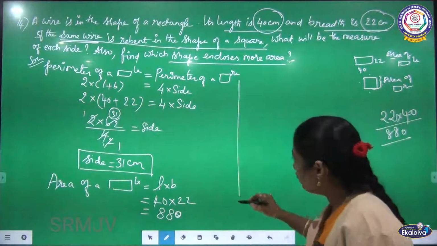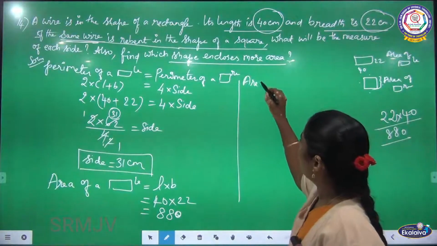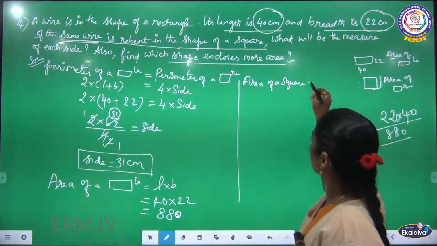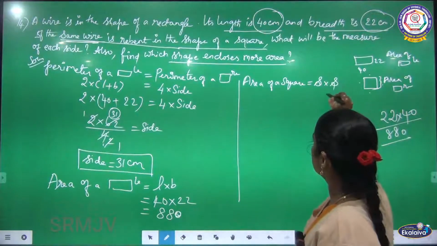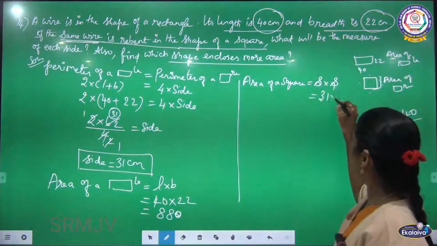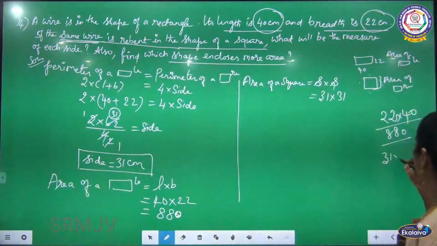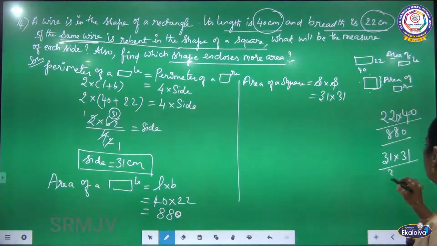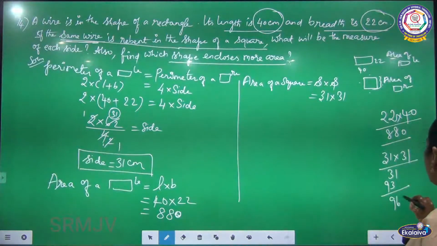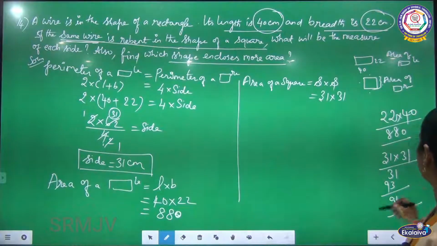Now I am going to find the area of the square. So area of a square, what? Side into side. What is the side I have found here? 31 into 31. Just you multiply 31 into 31. Listen, 31, 3 ones are 3, 3 threes are 9. So my answer is what? 961. Is it clear, children?